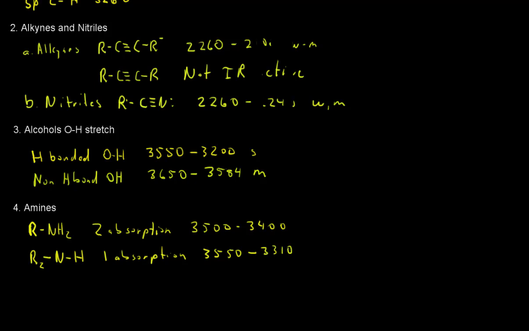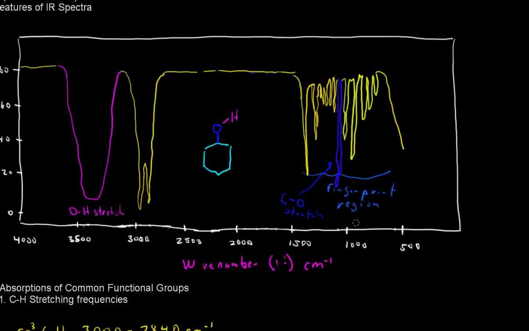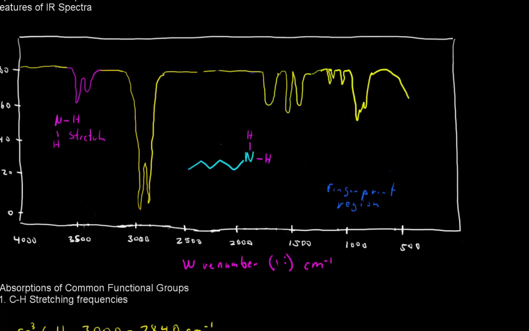I will also show you briefly what that looks like. From this point forward, I'll ignore the fingerprint region since most of the information about the functional groups is at higher frequencies. This is our primary amino stretching frequency. These are two different NH bonds, and you see two different absorbances here in the range of about 3300. They're actually at 3360 and 3280.